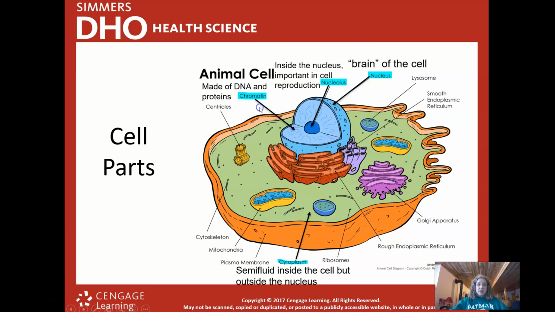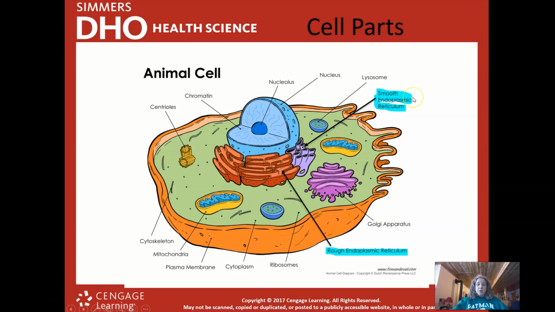You have the chromatin, which is made of DNA and proteins. You have the mitochondria, which is the powerhouse, and it produces ATP, which is, remember, energy that the cell uses. You have the Golgi apparatus, which is this purple one here, and it produces, stores, and packages secretions for discharge from the cell.